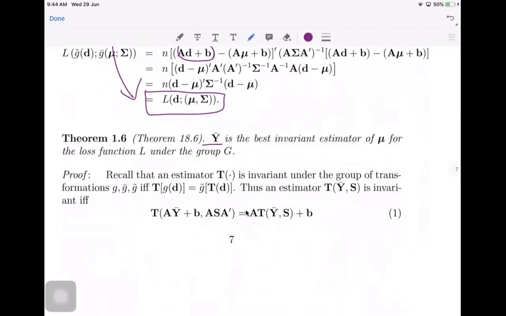So Y bar is the best invariant estimator for mu for the loss function L defined earlier, under the G bar and G tilde group of transformations.